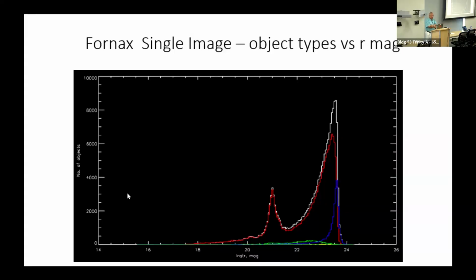So here's a rendering of the histogram as a function of magnitude, where the red are the bona fide stars, the blue peak at the very faint end are things that didn't have enough signal to noise, and sometimes there are pathological situations where that comes into play even brighter. The greens are few, but there they are, and there's a faint trace of yellows here, if you can see that.